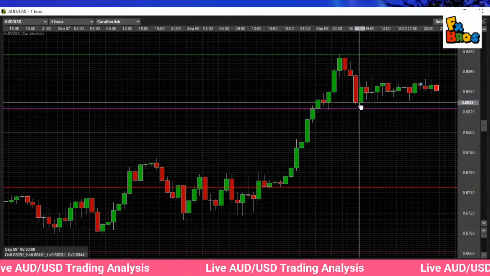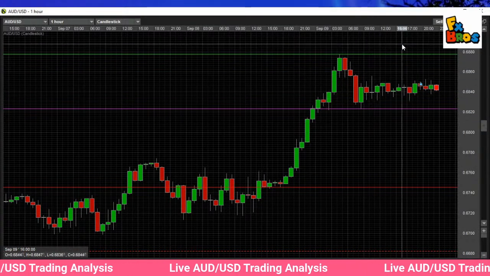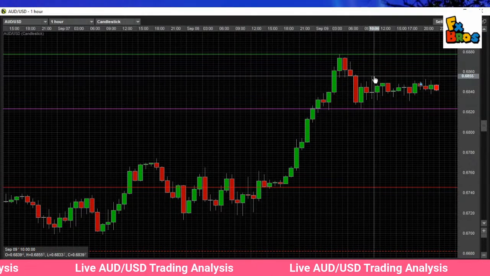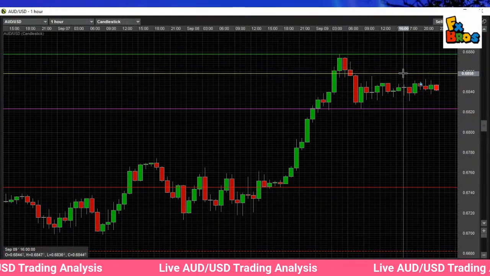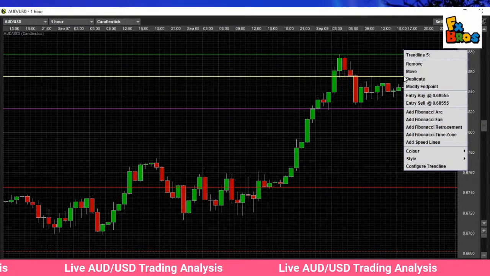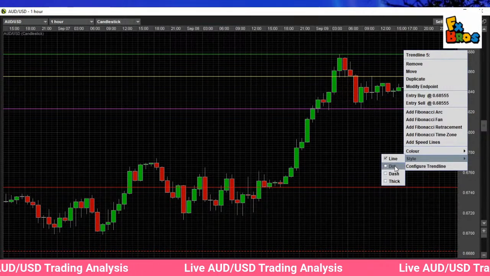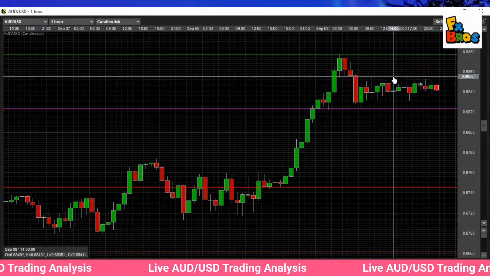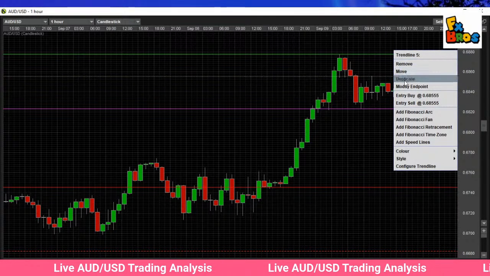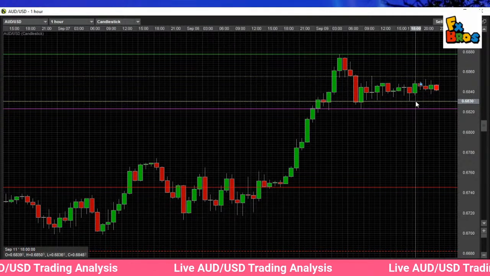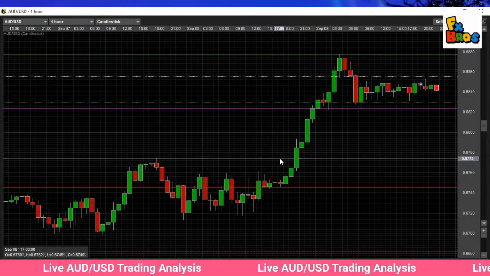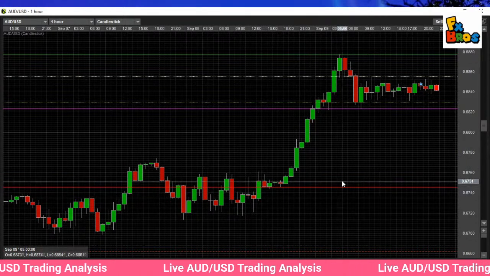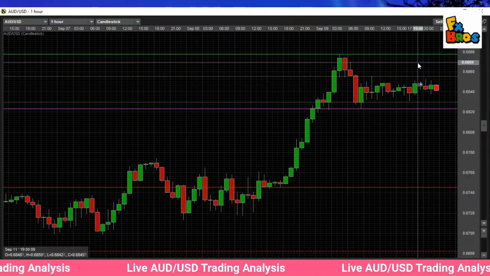Tap that in. Morning. And we're basically just consolidating. I'm looking for a breakout here, below here. I'd like to see it break and close.